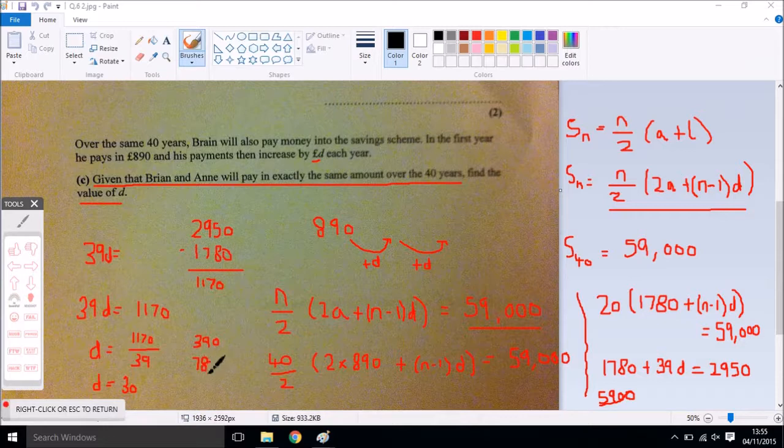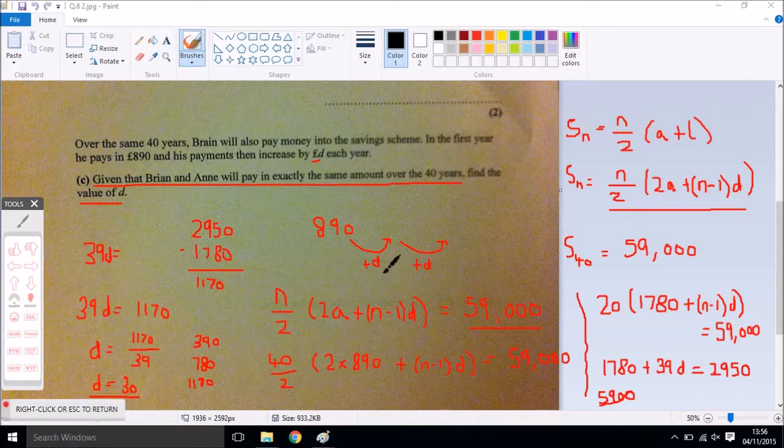And if you add another 390 from there, that would give you 1170. So that's the best way to do it. You're just using chunking. Or what you could also do is treat it as a fraction, so you can divide it by 3 top and bottom. That's one way of doing it, but what you'll get at the end is d is equal to 30.